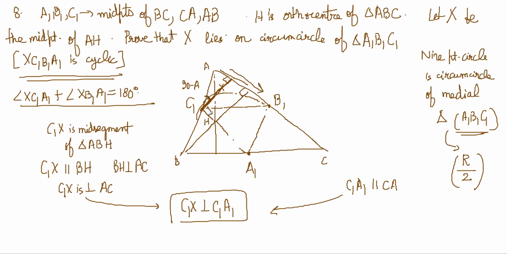So this angle is 90, right? And similarly, for X B1 A1, we can also prove this angle is 90, because X B1 will be parallel to AB.